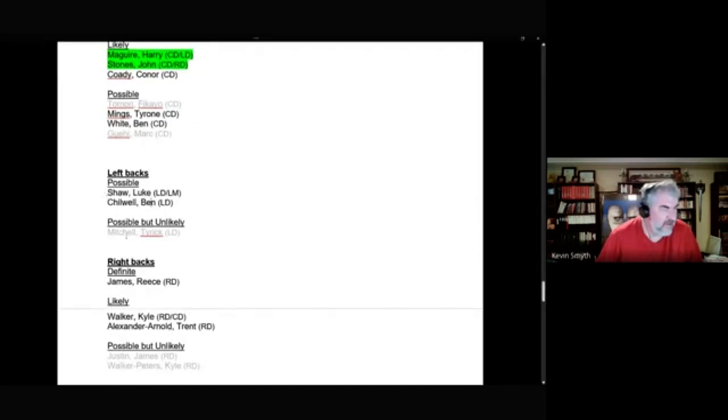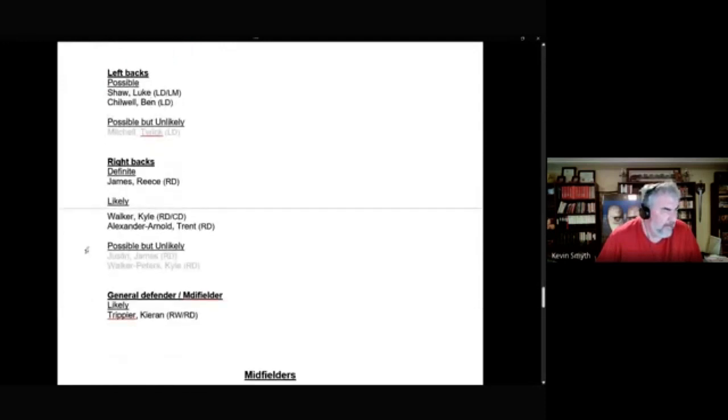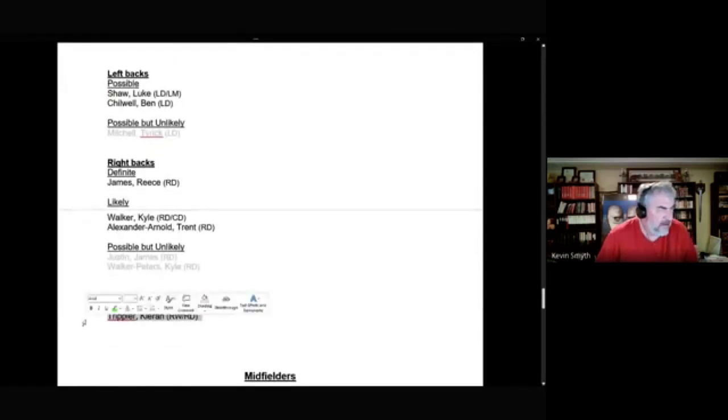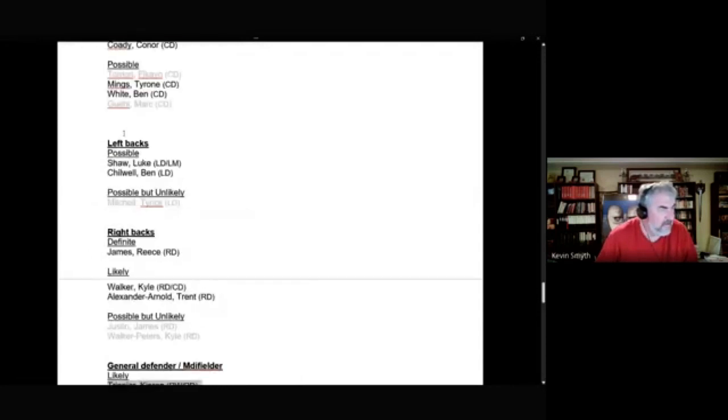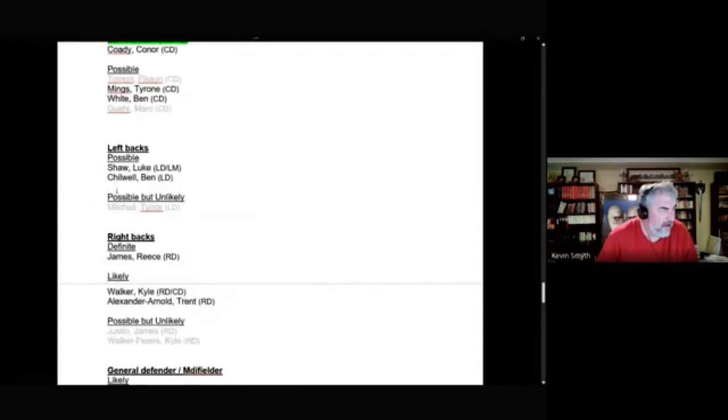Okay, left back, as we said, is a very difficult position, and really, I wonder if Kieran Trippier, who we have as a likely candidate, is going to be the player to do it here, because he's playing that position for his club team, and sometimes plays that position for England.